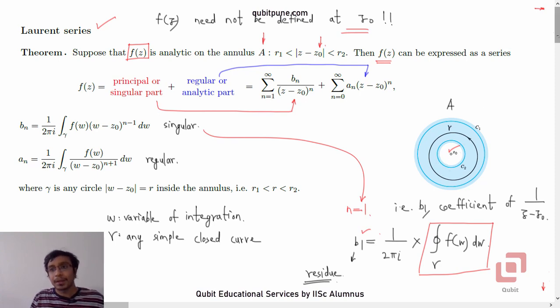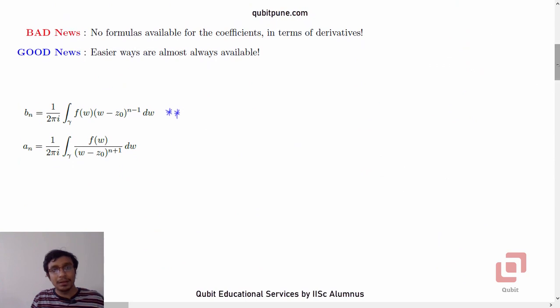Now let me tell you the bad news first and then the good news. The bad news is that the formulas that are there to find the coefficients are not as easy as the formulas for Taylor coefficients. The only reason is these involve integration.